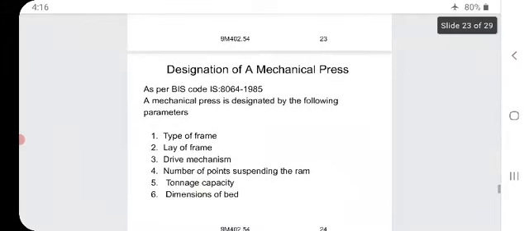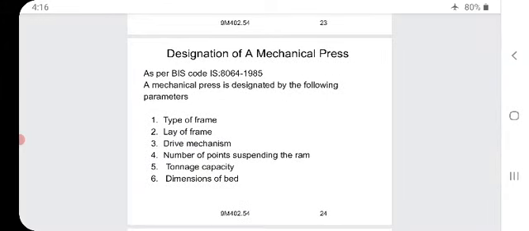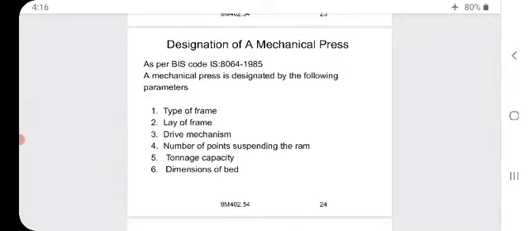Now we are going to see the designation of a mechanical press. As per BIS code IS 8064/1985, a mechanical press is designated by the following parameters.